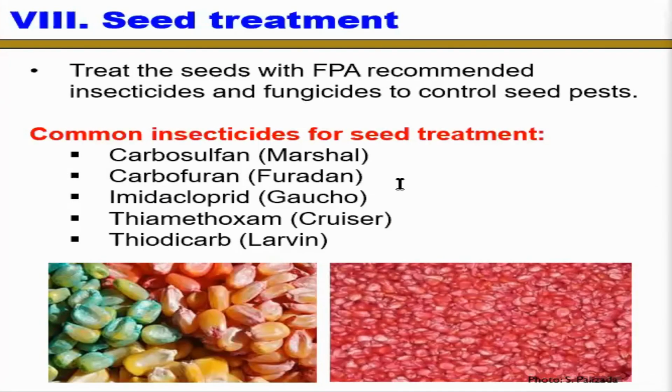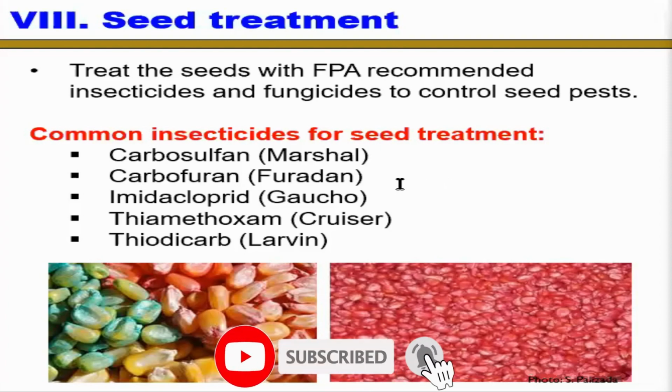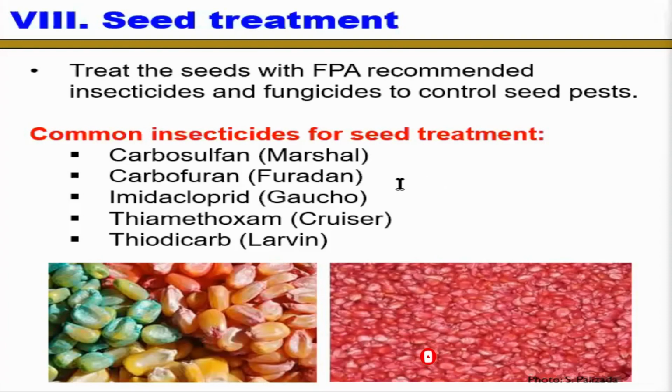The common insecticides for seed treatment that we are using are carbosulfan, carbofuran or Furadan, imidacloprid or Gaucho, thiamethoxam or Pusher, and aldicarb or Larvin. So this is the new technology for seed coating to preserve the seeds against insect or grain insect damage during storing.